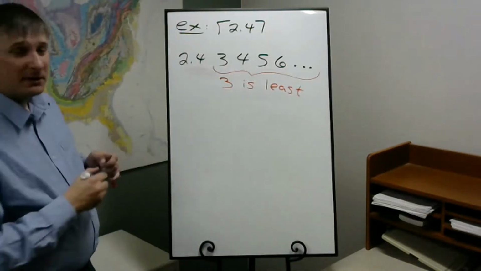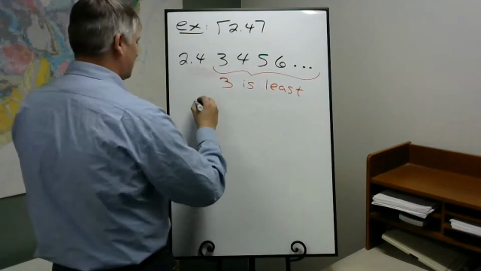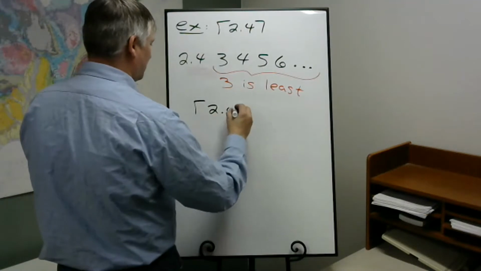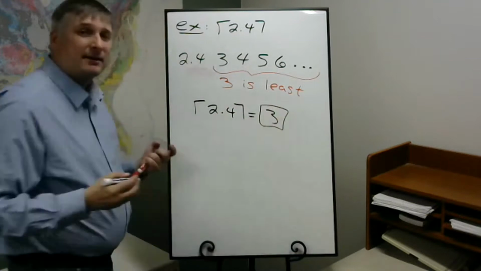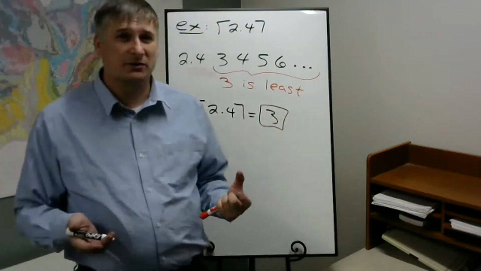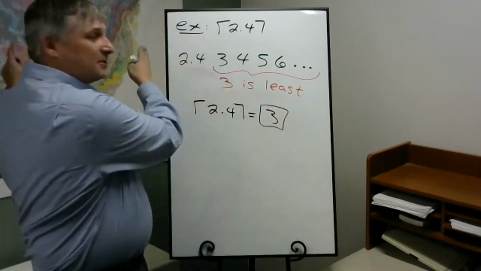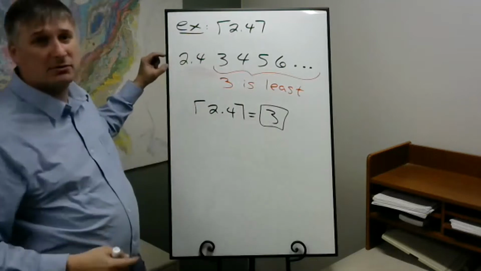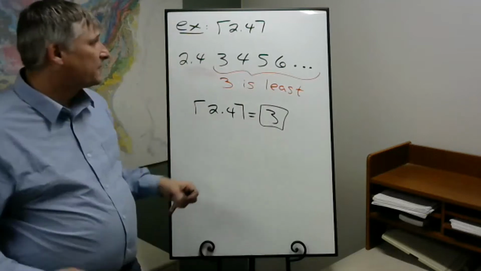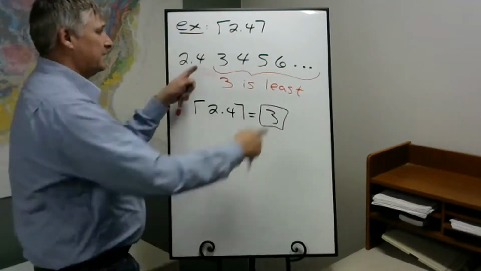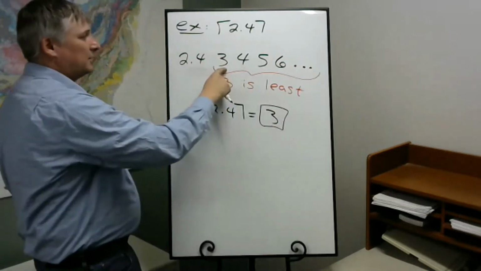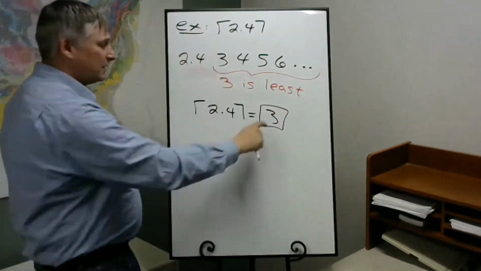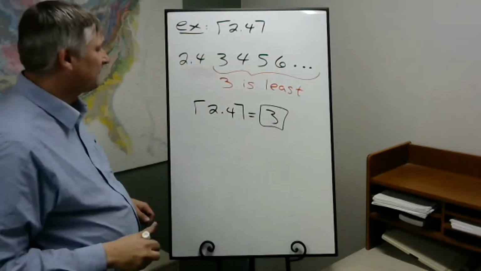So what this means, last time when we had the greatest integer function of all the integers on this side of 2.4, we picked the largest one, which was 2. For the least integer function, we picked the integers on this side of 2.4, and we picked the smallest one. So the smallest of those integers is the number 3.